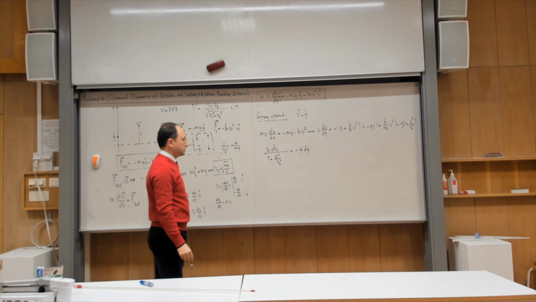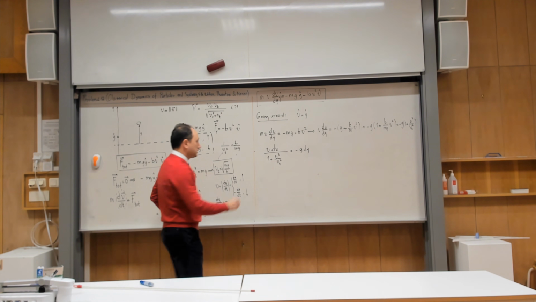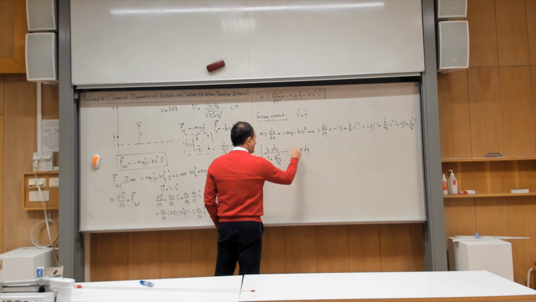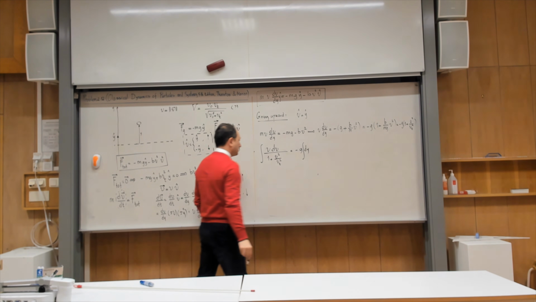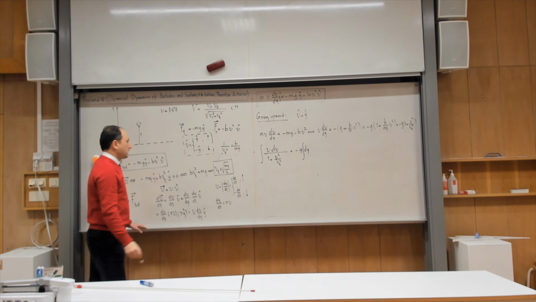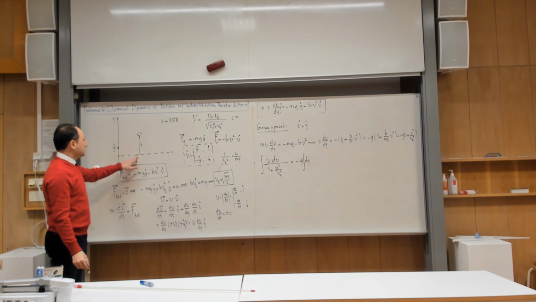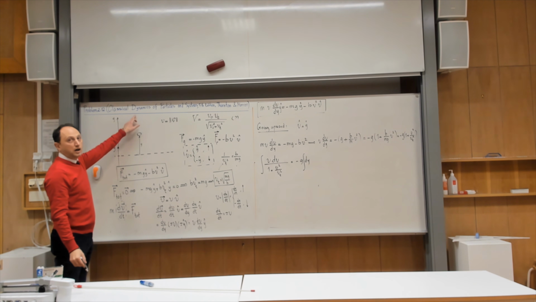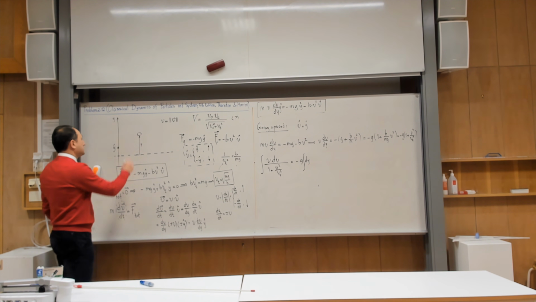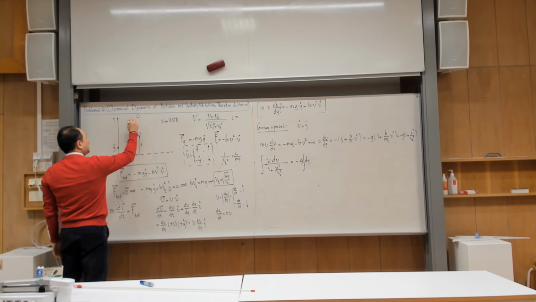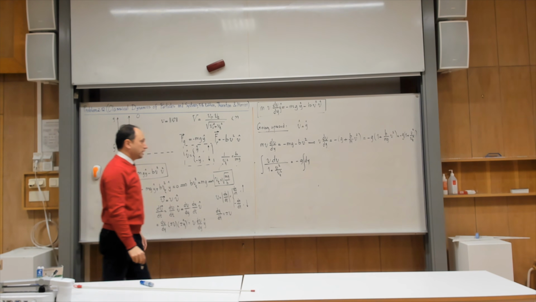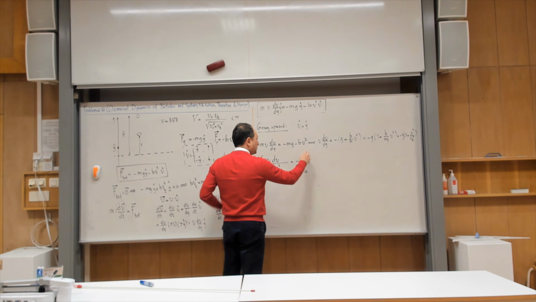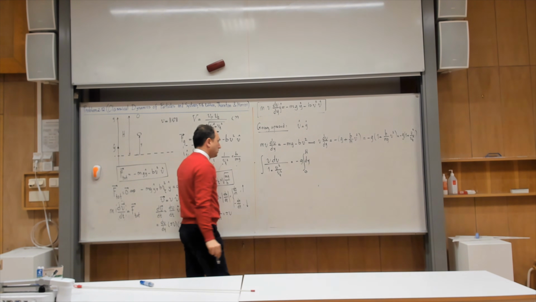So this is my differential equation. So I have to integrate. What are the limits of integration? That's a constant, I pull it out. So I integrate from the ground level up to the maximum height, which I call capital H, and which I don't know yet.